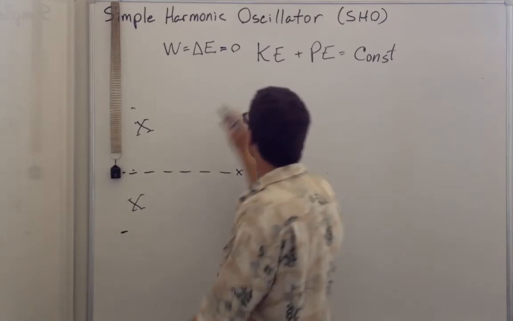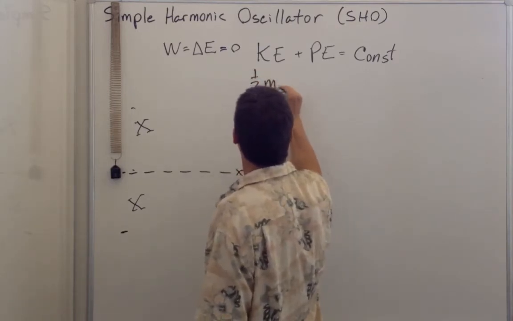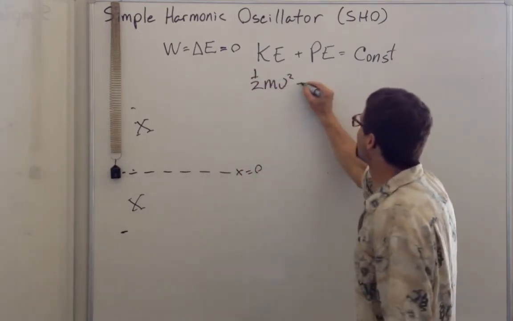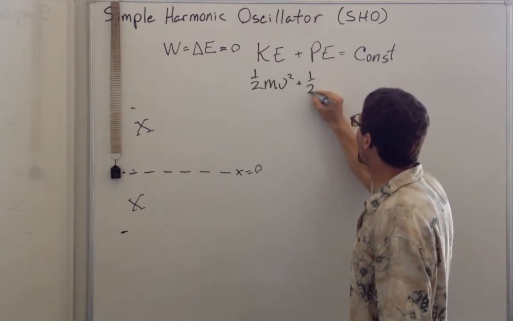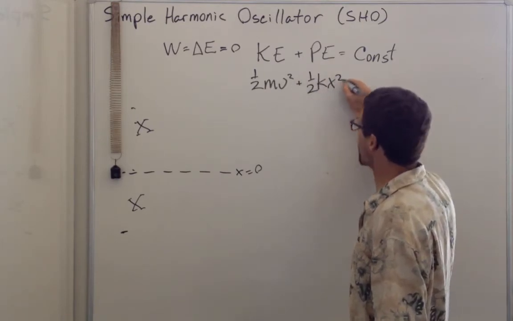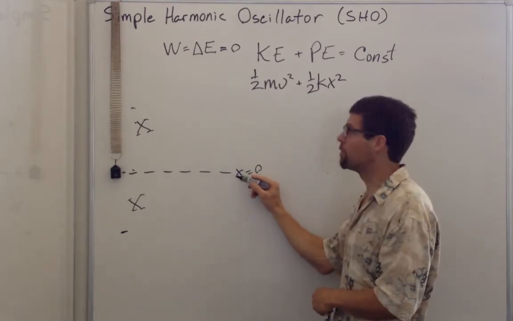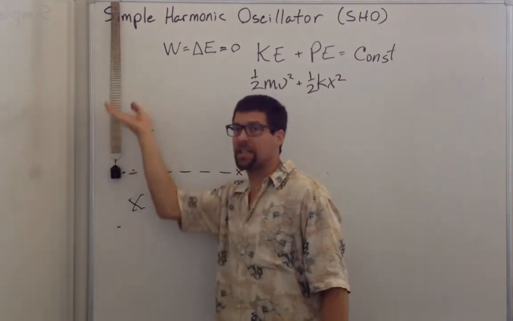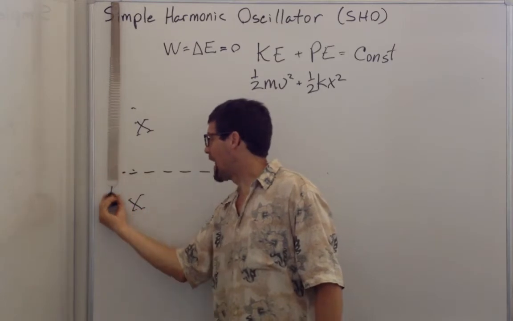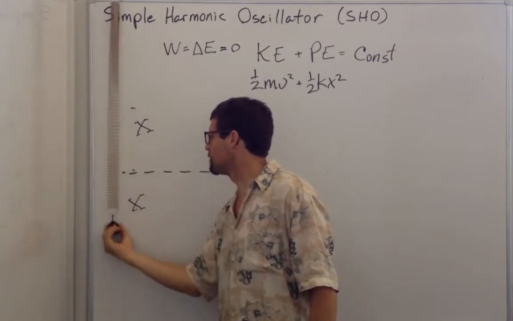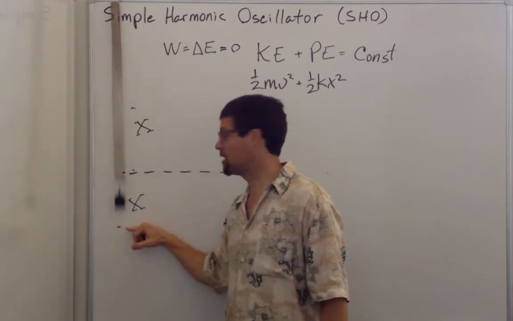And so the kinetic energy is 1/2 mv squared, and the potential energy in the spring is 1/2 kx squared, where x is how far it is from the equilibrium. As it oscillates back and forth, at its turning point right here, what is the velocity?